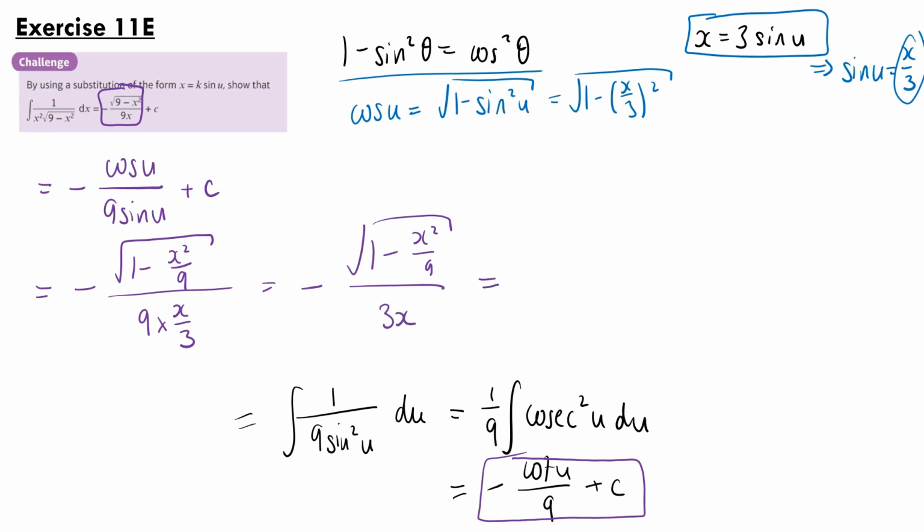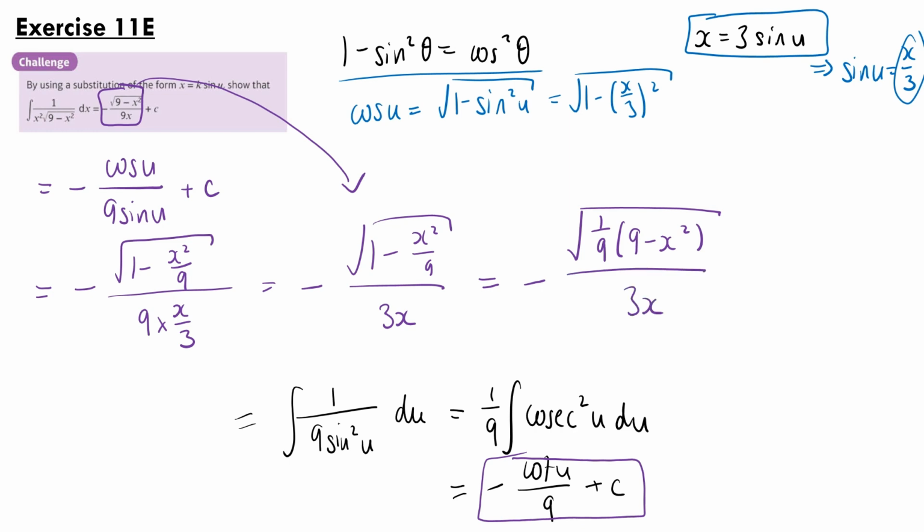Now if we compare this to the answer that we're looking for, on the numerator we have the square root of 9 minus x squared. So if we take out a factor of 1/9 from the top, so we're multiplying everything inside by 9 because we're dividing by 9 outside now. So that gives us a 9th of 9 minus x squared, which is what we're looking for, all over 3x. So to take the 9th outside of the square root, we need to square root it.